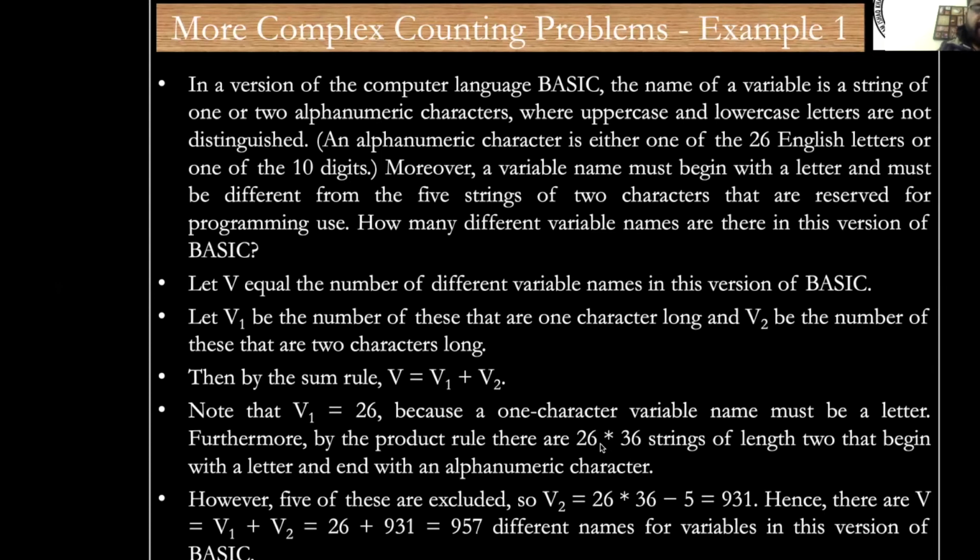However, 5 of these are excluded. So V2 is equal to 26 times 36 minus 5, which is 931. Hence, V is 26 plus 931, which is 957 different names for variables in this version of BASIC. Let's take another complex example.